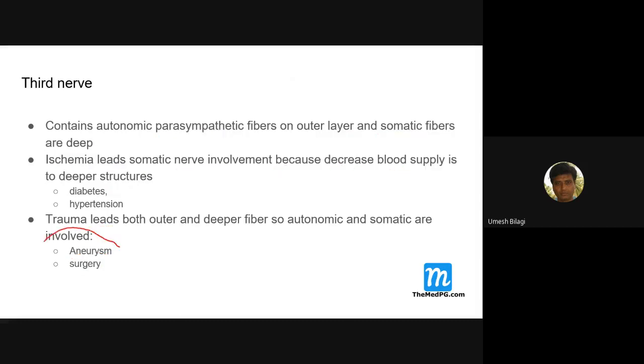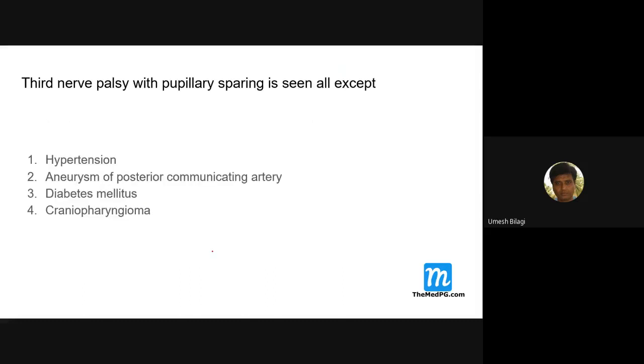So pupils are spared in diabetes and hypertension, whereas in aneurysm and surgery they are not spared, they are involved. Okay, now we'll come to the question here.